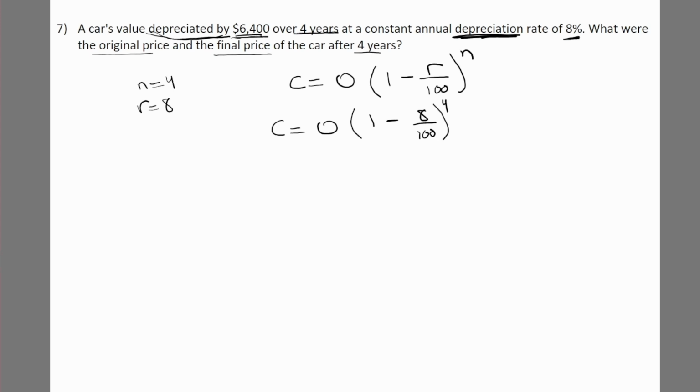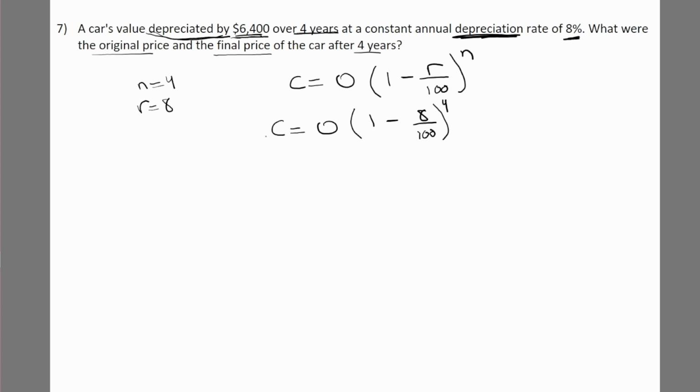Now, the way to solve this is that, yes, I don't know the current or the original, and I definitely can't solve this algebraic equation with two unknowns. So we need to express one of the unknowns in terms of the other. So here's the thing.